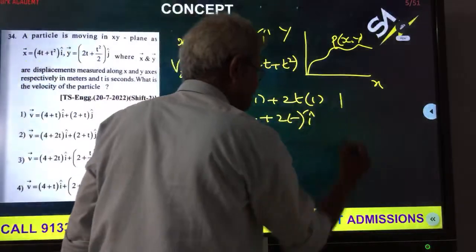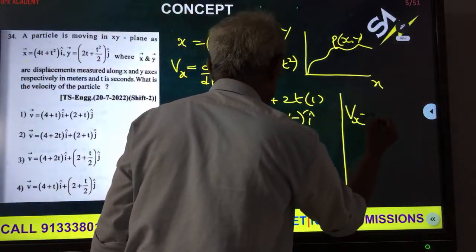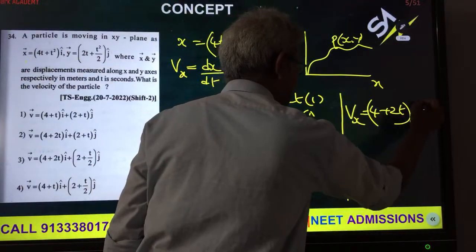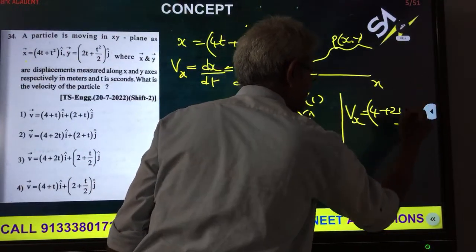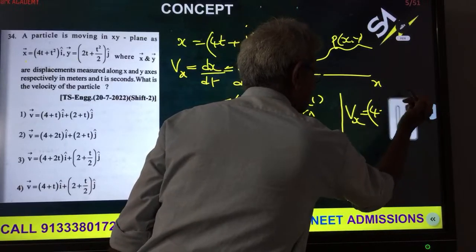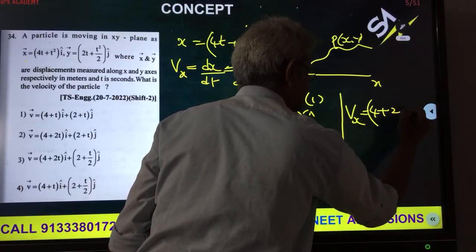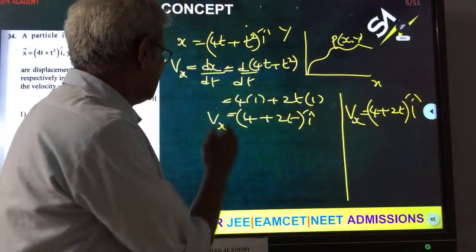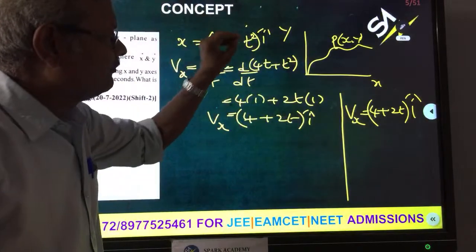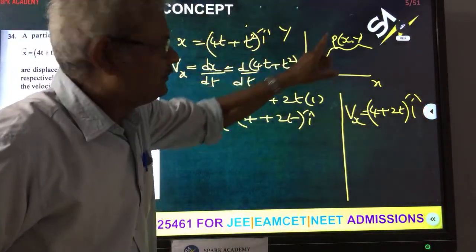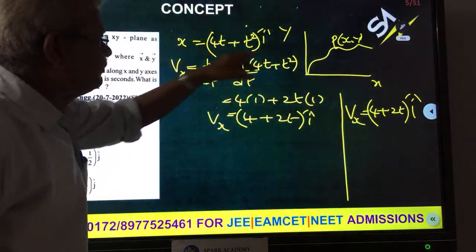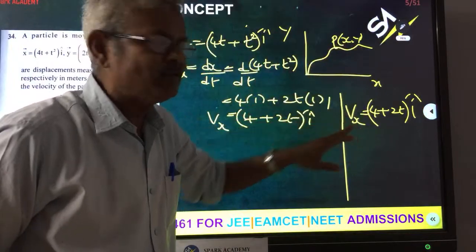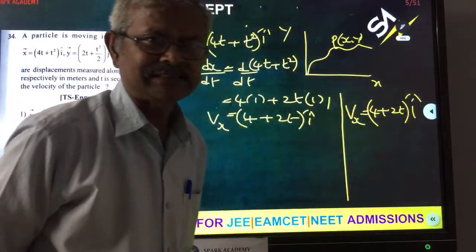So we got vx is equal to (4 plus 2t) i cap. Now this is the velocity of the particle, which has two components by virtue of the coordinates x and y. So here first we have found the velocity component along the x-axis, that is vx.